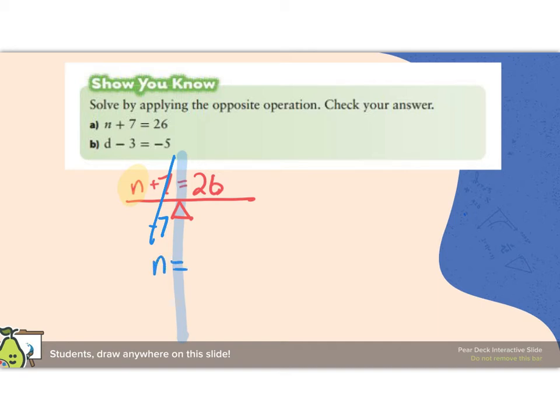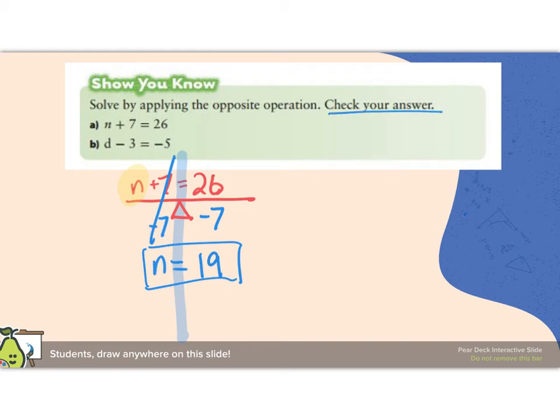Perfect. But anything I do to the left side, I have to do to the right side. That's because it works like a balance beam, right? If I only did it to one side, it's going to be unbalanced. So I also have to put this negative 7 on this side. Now if I solve it, 26 minus 7 is 19. So this gets me to n equals 19.